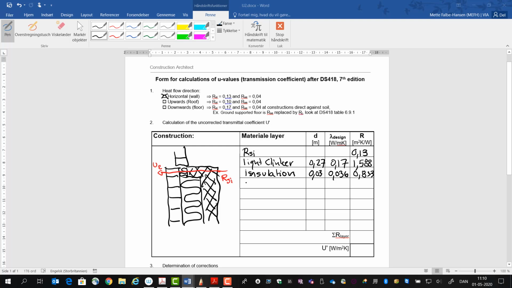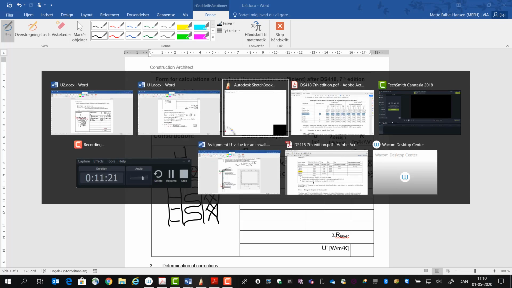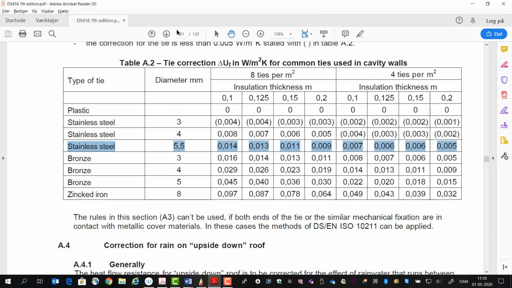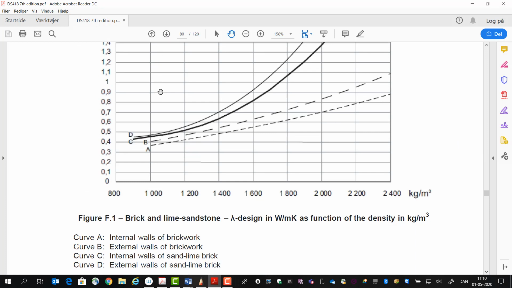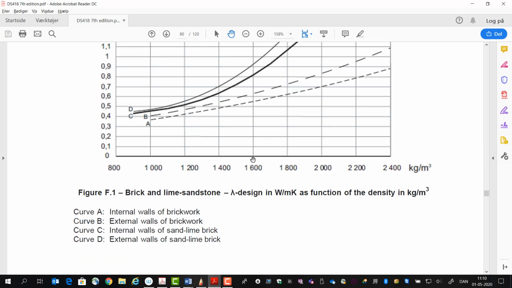And then we have the brick, and the dimension of the brick was 0.108, and the lambda value for that same as before, but we just go back and check. So brickwork, density of 1600, going all the way to external, so 0.63.